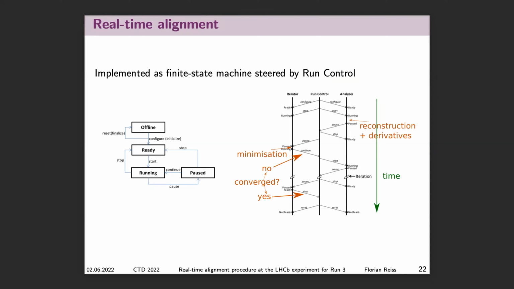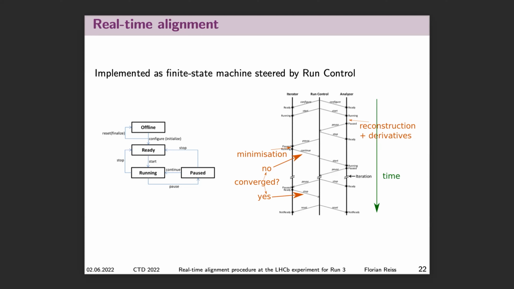And then we have this central run control setting up the jobs and controlling them. At the beginning, the run control configures and starts the iterator and analyzer jobs. Then the iterator is first idling and waiting for inputs, while the analyzer nodes start with reconstruction and calculate the derivatives.